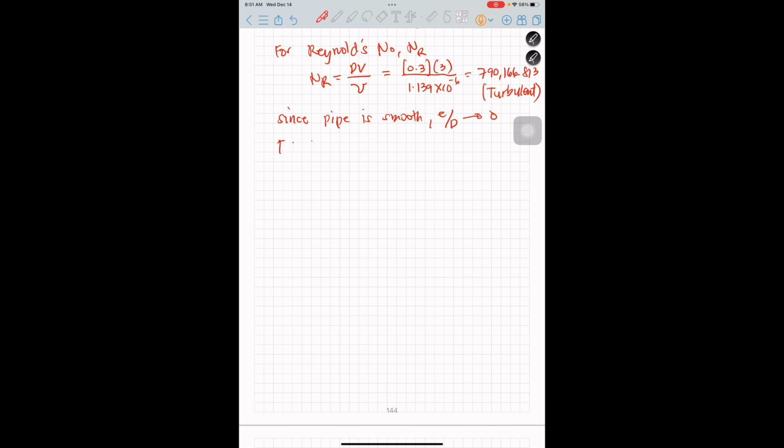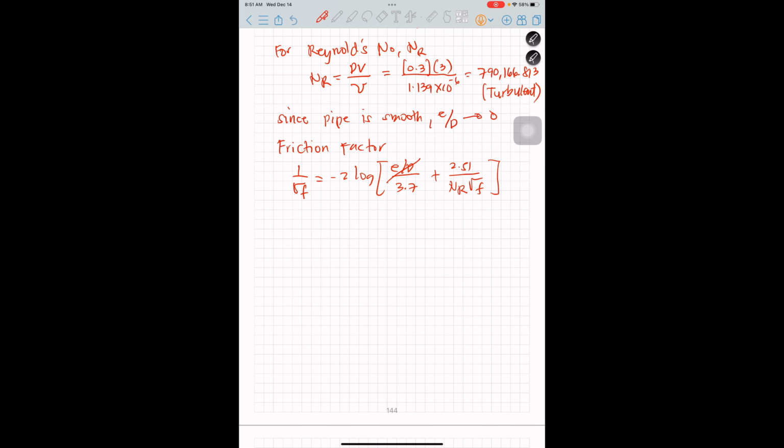For the friction factor, we will use the Colebrook-White equation or the chart, which is the Moody diagram. For the Colebrook-White equation, we have 1 over square root of F is equal to negative 2 log of E over D divided by 3.7 plus 2.51 divided by NR square root of F.